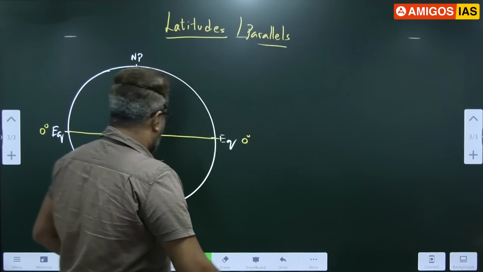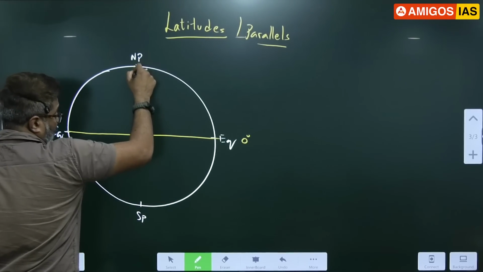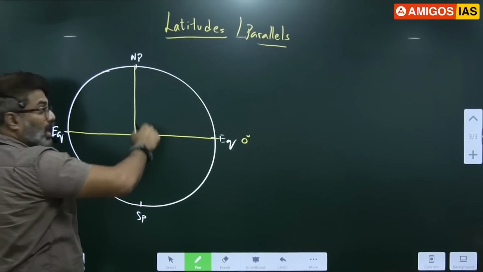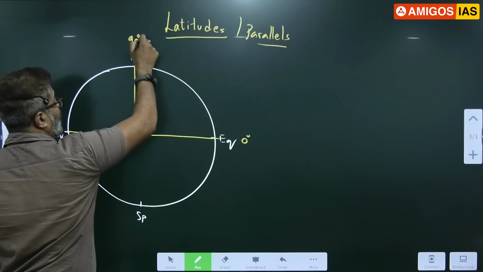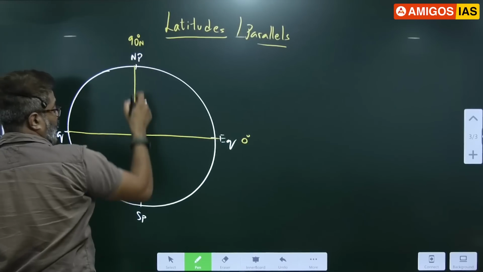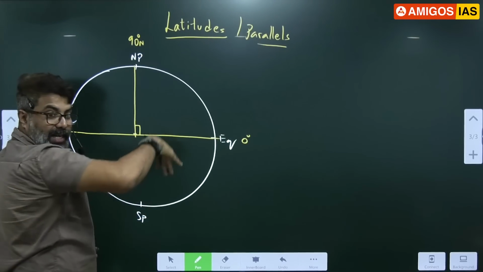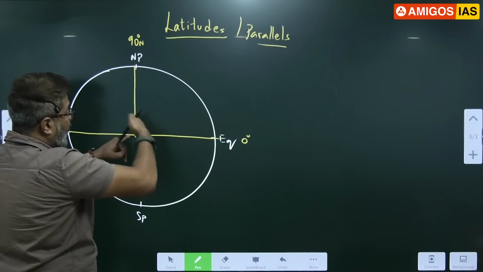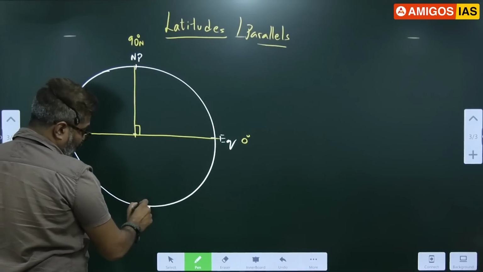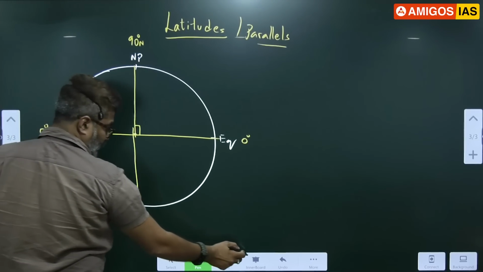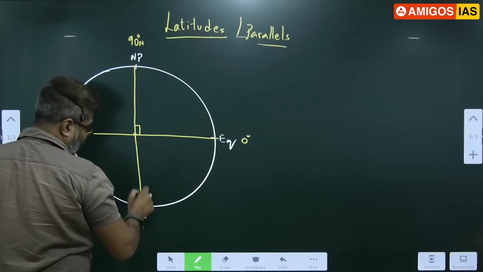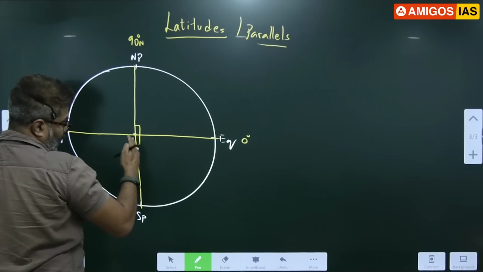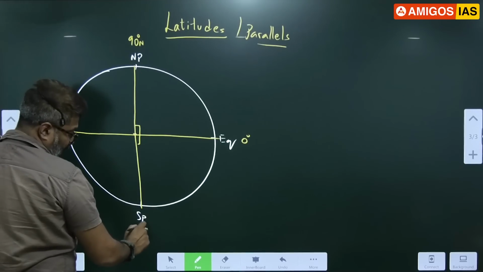Okay, now, what about this point? This point is perpendicular to the center. So 90 degree north, because it's the northern hemisphere. Because it forms how many degrees? 90. With reference to the center and equator, it is forming 90. Similarly, you notice this point. Again 90 degree. With respect to the center and equator, it is forming 90. But south.